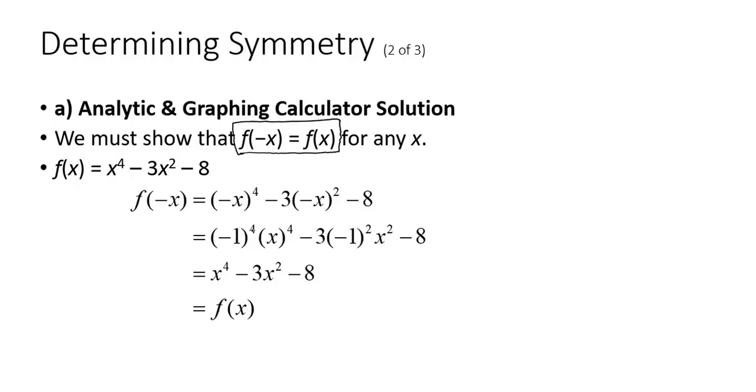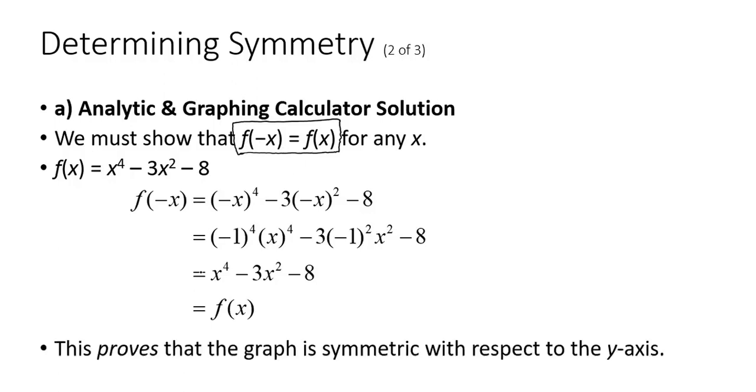the power of 2. Because the exponents are even, when you multiply minus 1 by itself 4 times or 2 times, it turns out to be positive. So you can see we get back our same function, f of minus x turns out to be equal to f of x.